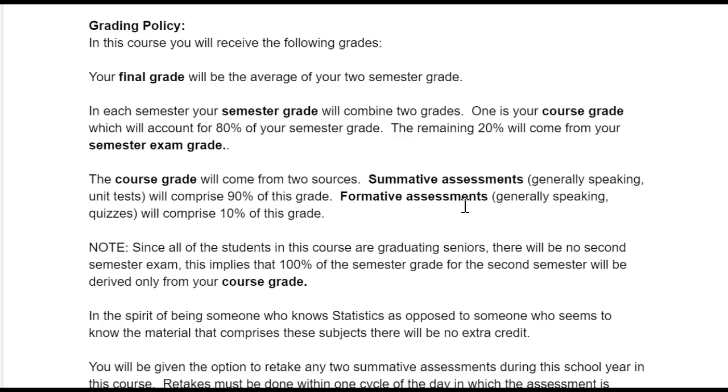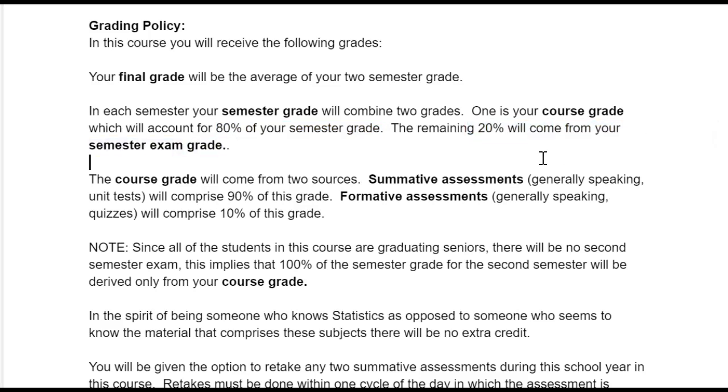Now, big note here, because you are graduating seniors, there will be no second semester exam. So your second semester will be different than your first. Your first semester has this 80-20 split. 80% from the course grade, 20% from your exam grade.